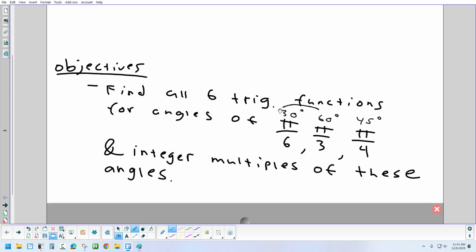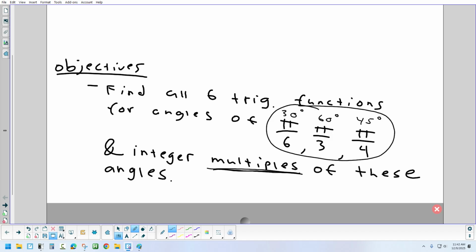These three are really the only three you're going to have to memorize, because when you get to multiples of them, it's going to be the same coordinates, just reflected into quadrants 2, 3, and 4. And when you reflect a coordinate, all you do is make one of the numbers negative, or both, depending on the quadrant. So other than a negative sign, there's nothing more difficult about working with multiples.